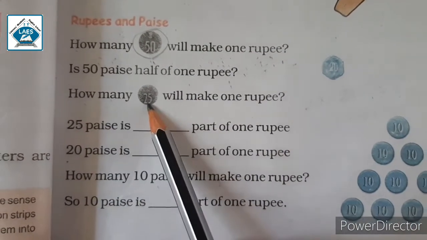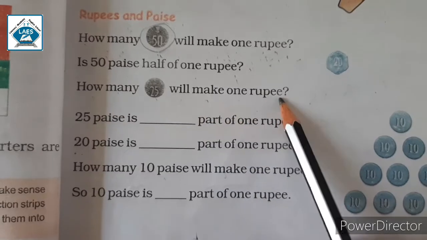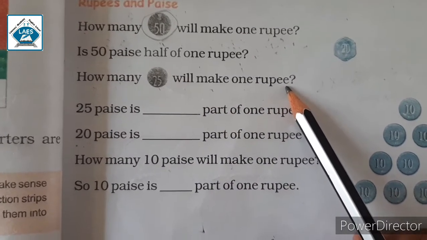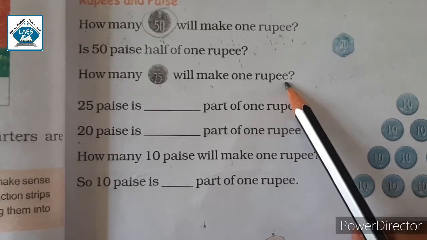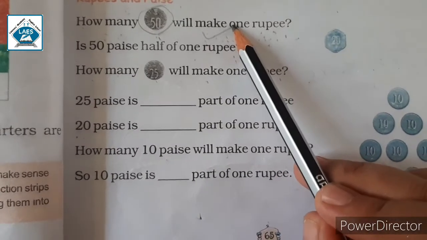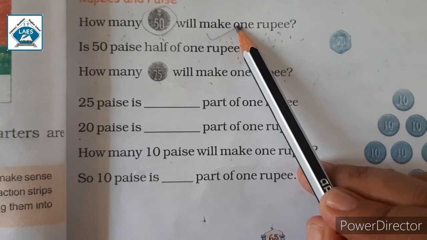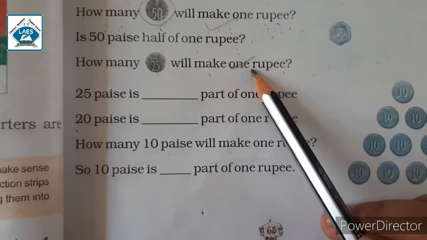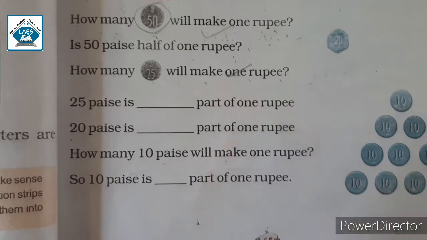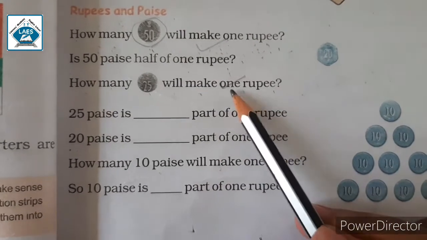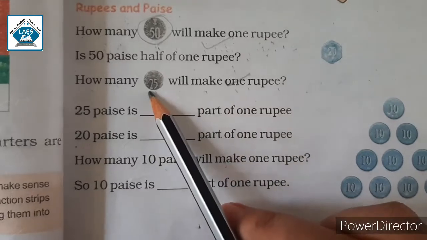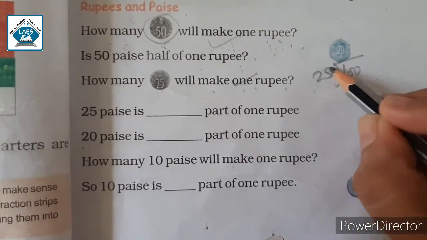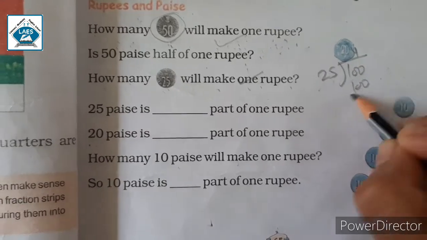How many 25 paise will make 1 rupee? For that, what will you do? As in the first question, in the second also we have to divide 100 paise by 25 paise. 100 divided by 25. 25 fours are 100.